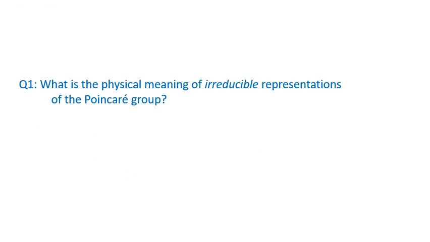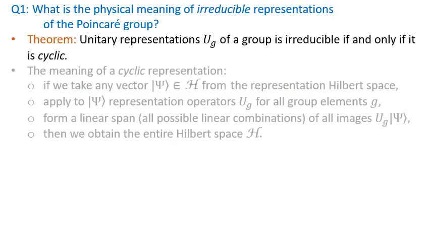What is the physical meaning of irreducible representations of the Poincare group? First, let me remind you that when we build a representation of a group, we first select a Hilbert space, and then for each group element, we choose a representative unitary operator or matrix in this Hilbert space, in such a way that products of these matrices repeat the products of elements in the group.